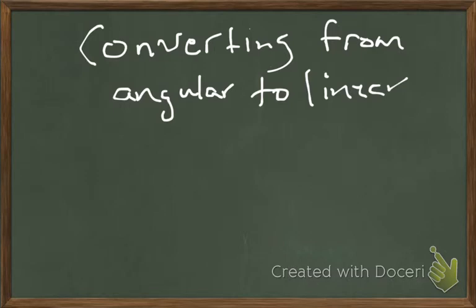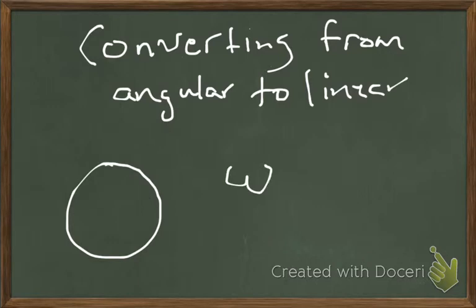So let's say we got this as our circle, with an angular velocity of 10 radians per second, and it has some certain radius here. Well, the radius doesn't really affect the angular velocity at all. All this angular velocity cares about is how many angles does it go through every second.